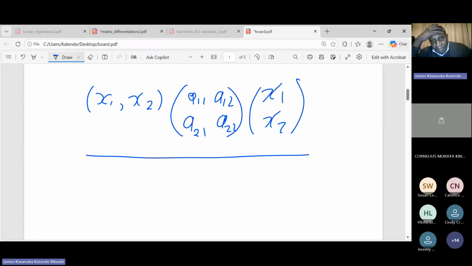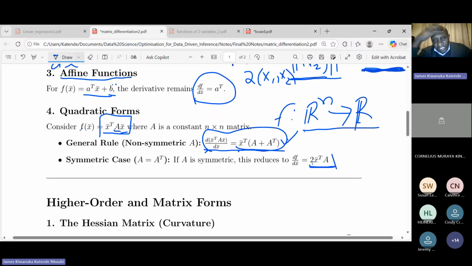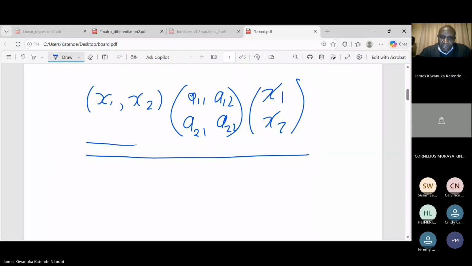And then you can apply the same ideas of getting derivatives, you'll be fine. The same ideas we applied earlier, because now you just have a function which is real valued.